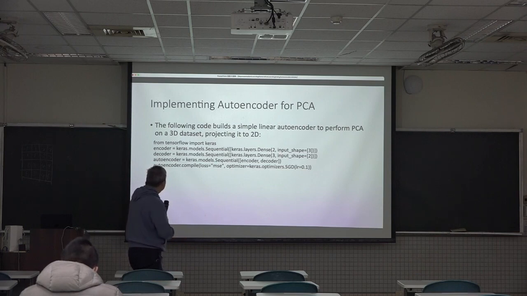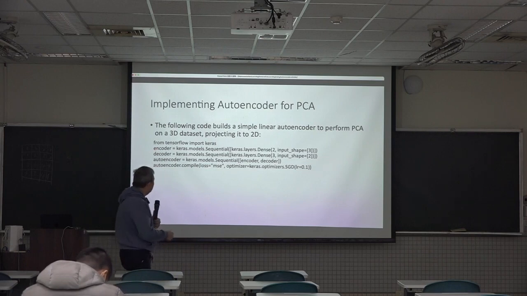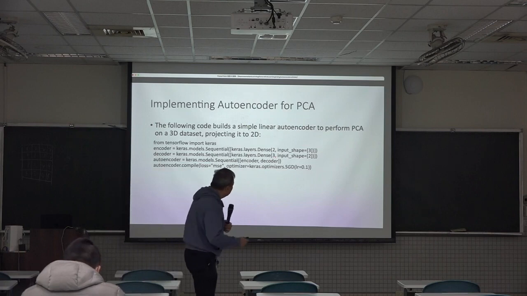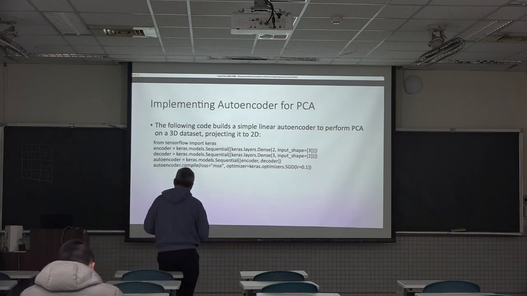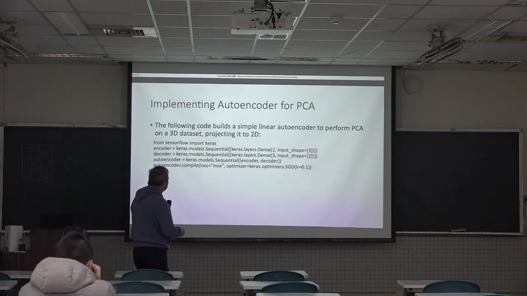And you can see that after we create the encoder and decoder separately, we put them together to form our autoencoder model. As I said, if you specify the loss to be MSE, and, by the way, you do not specify an activation function, using only the linear function, and the loss function to be MSE, then you train this model, eventually the encoder part is going to work like a PCA for you.